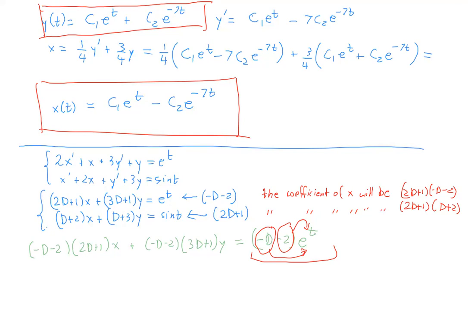It's minus the derivative of e to the t, and the derivative of e to the t is e to the t, so that gives minus e to the t. And minus 2 times e to the t is minus 2 e to the t. So the whole thing is going to be minus 3 e to the t. That's a very unusual thing compared to what you have seen so far in cases like this.